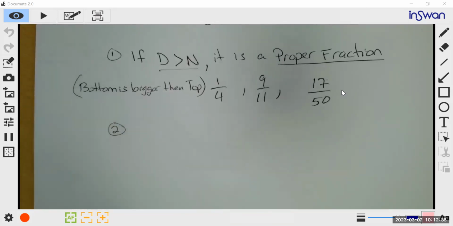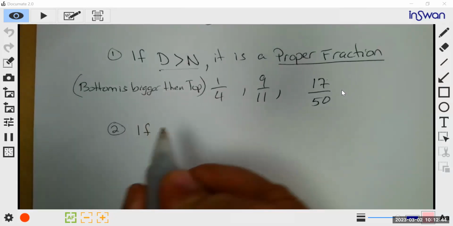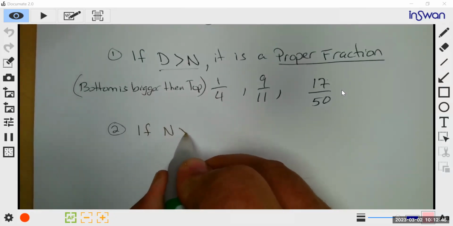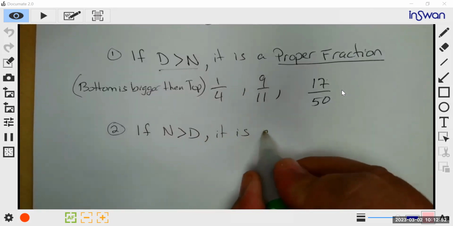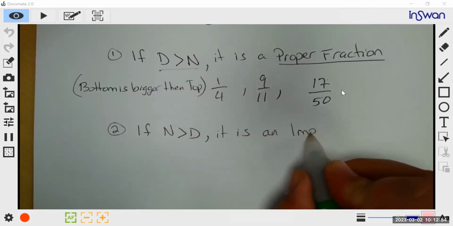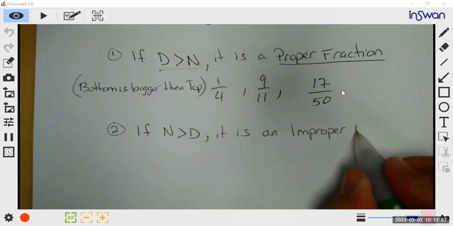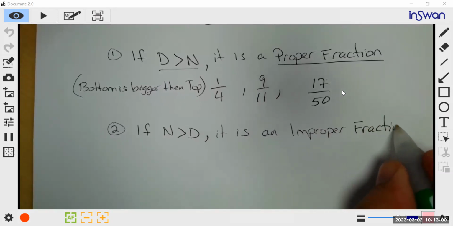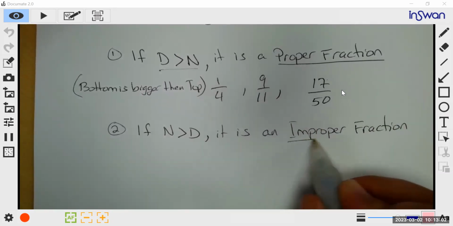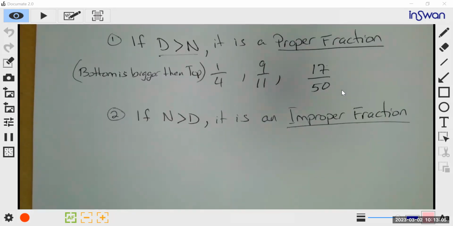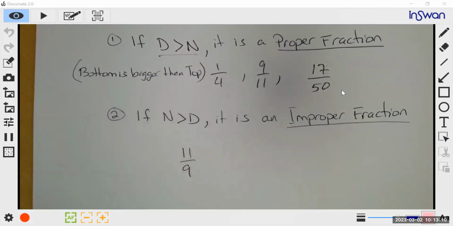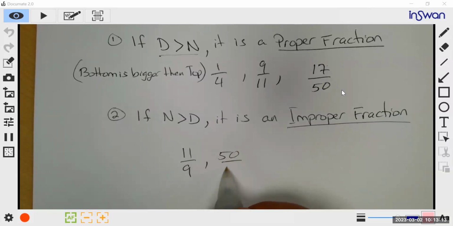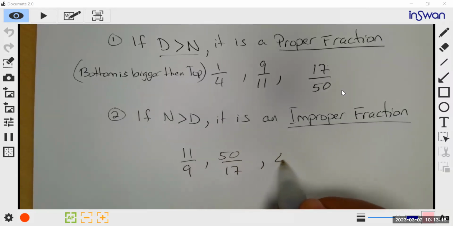So if it's not proper, it's called a what? Improper. Very good. So that means if the numerator, the top number, is bigger than the bottom, it is an improper fraction. 11/9, 50/17, 4.